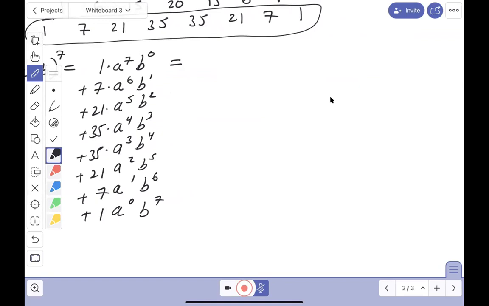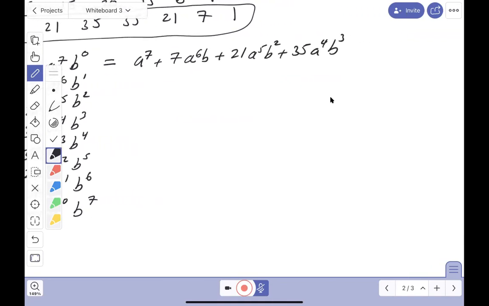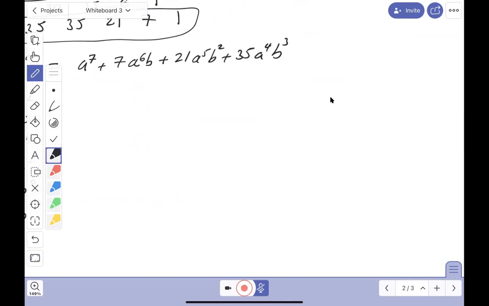What do you get? A7 plus 7A6B plus 21A5B squared plus 35A4B cubed. I've got to push that over. So you lost the coefficients? Not really. It's a pattern.